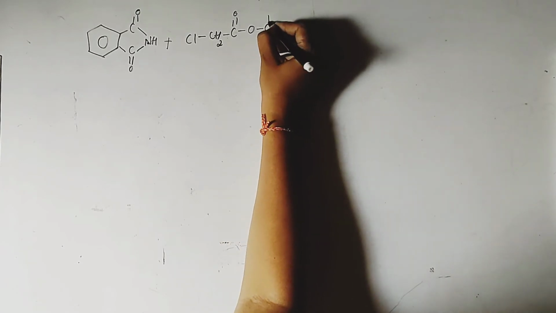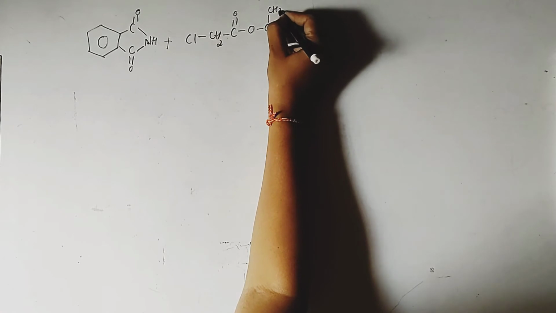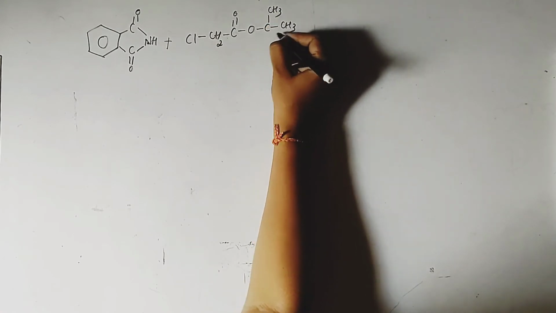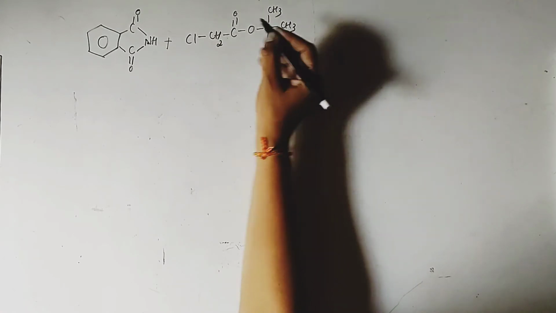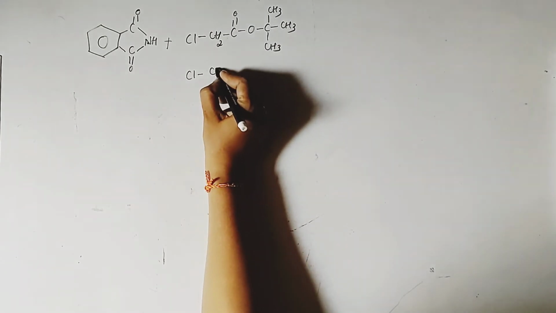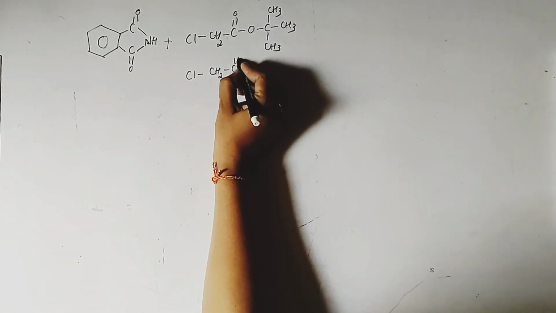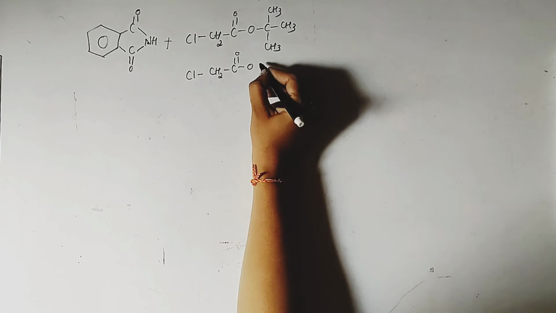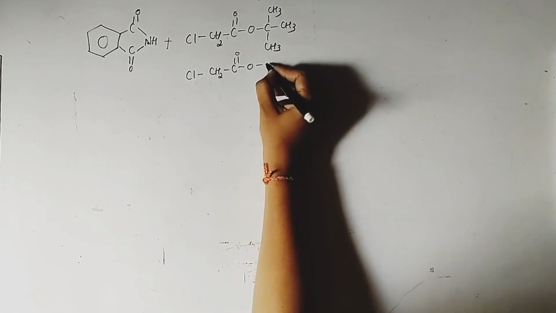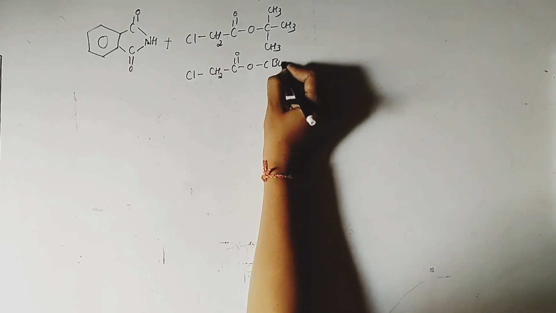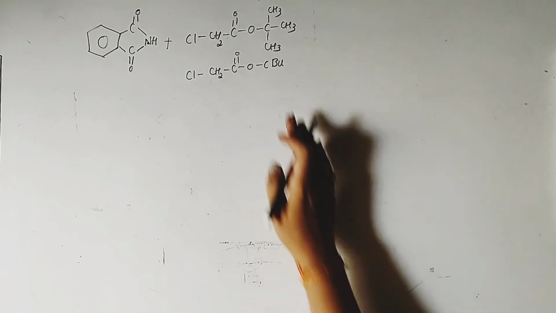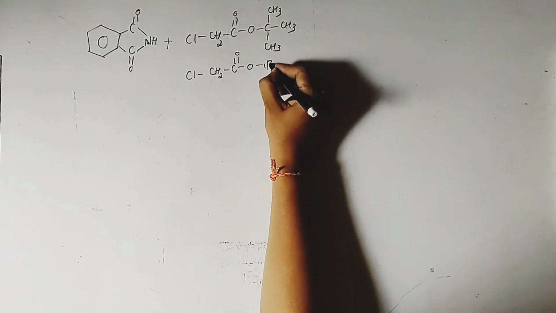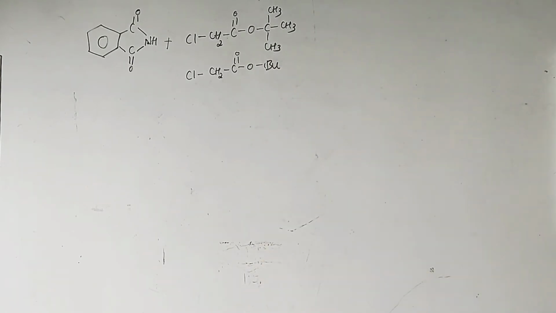So I will write this as C(CH3)3, or else we can also write Cl, CH2, COO, butyl group. So like this also we can write.